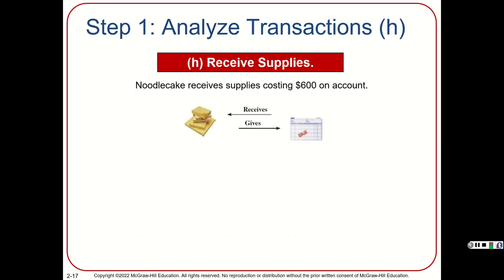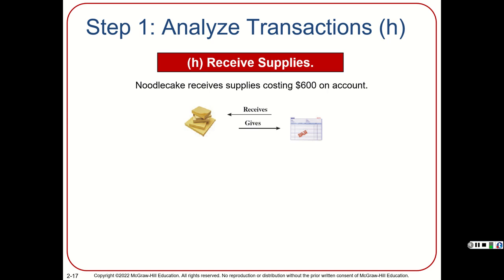Here we're receiving some supplies, like office supplies, little sticky notes, and pens and paper and things like that. So those kinds of things, generally a company may expense them right off the bat because they may not buy a lot at one time. But if there is a lot purchased and you have a closet full of supplies, you cannot expense it until you use it.